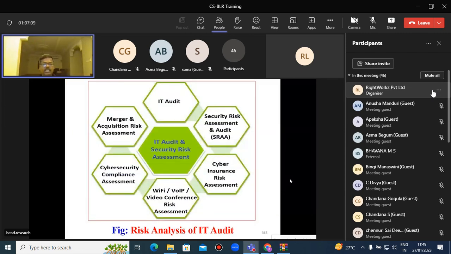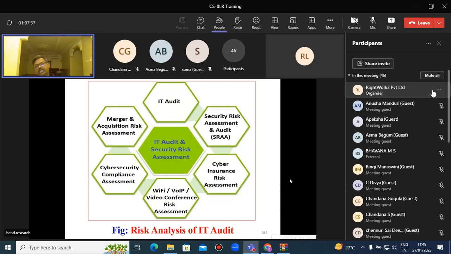Then see the risk analysis of IT audit. So for IT audit and security risk assessment, we are performing various types of risk analysis of IT. First one is information technology audit, which means what type of information technology assessments you are performing.